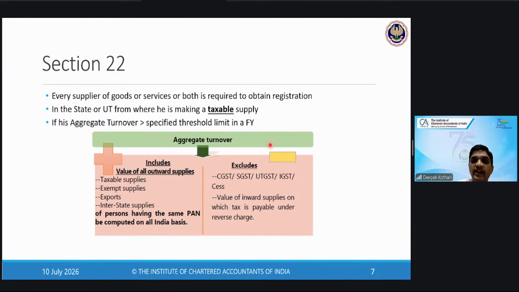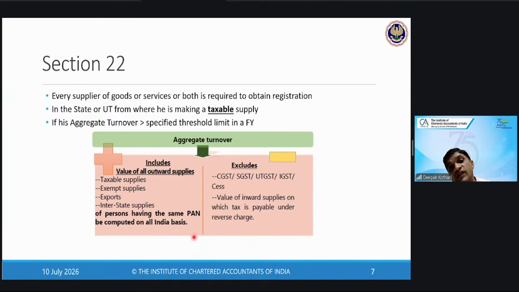Now, what is the aggregate turnover limit? It includes the value of all outward supplies, which is taxable supplies, exempt supplies, exports, and interstate supplies of persons having the same PAN, and shall be computed on an all India basis. That is the definition of aggregate turnover. It includes these things and it excludes certain things. It excludes the CGST, SGST, UTGST, IGST parts.